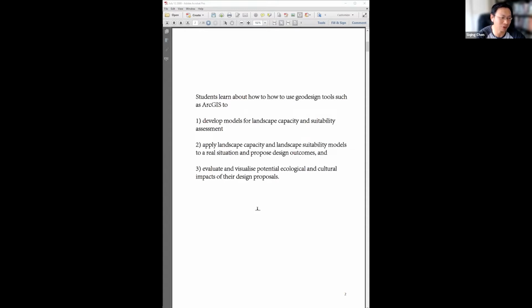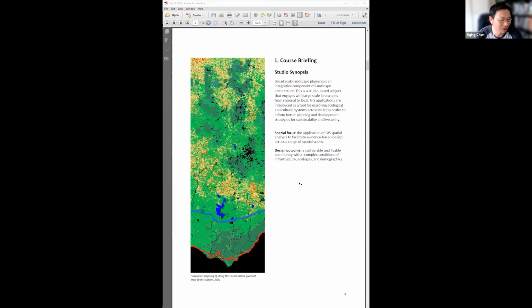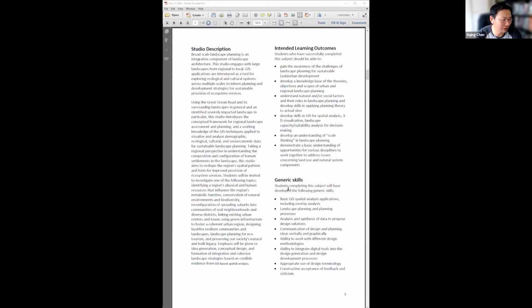Of course, you have to select a topic beforehand. The topic could be anything related to eco-services for the Great Ocean Road region. And then finally, they have to evaluate and visualize some of the potential impacts of their design proposal. And of course, I'm going to share with you very quickly about the region, the readings.